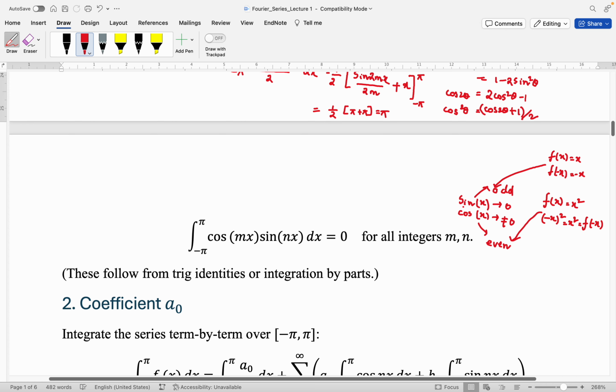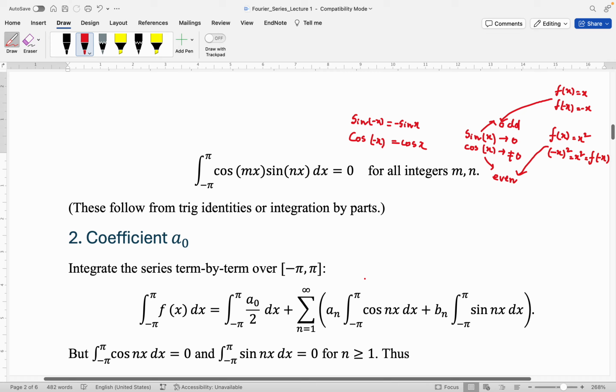That means if you take sine of minus x, it is not sine x, it is minus sine x. But if you take cos of minus x, this is an even function, so this will become cos x. So that's the idea of even function and odd function, which is something we need to use.